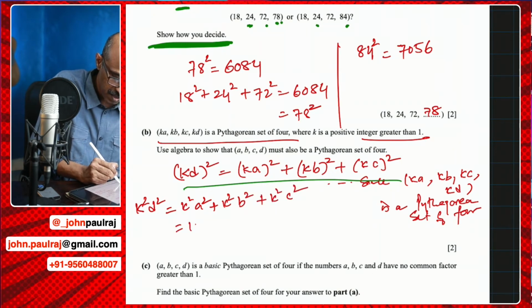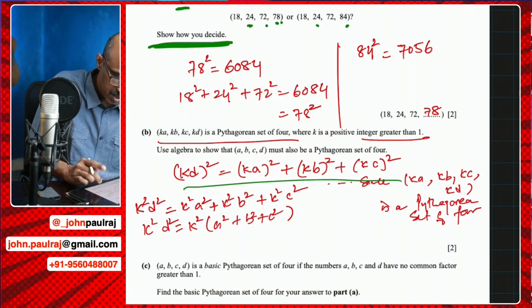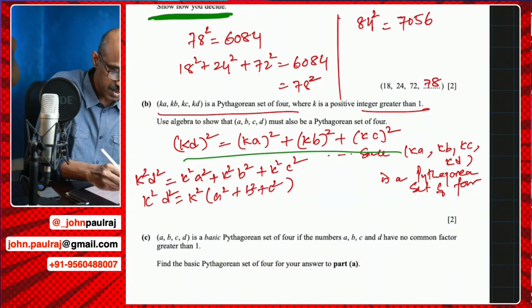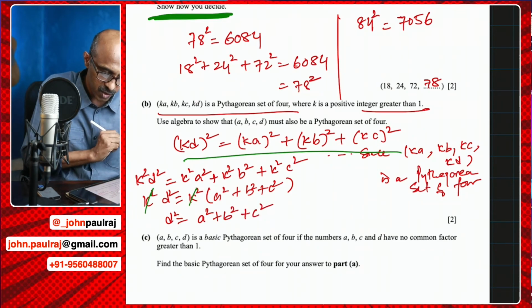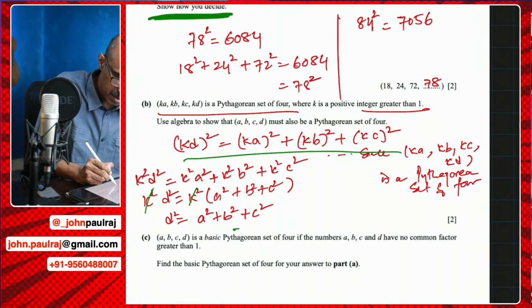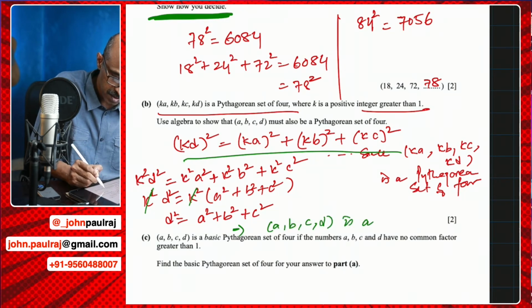Then we can factor out K square, and divide K square on both sides. It'll cancel out nicely to give you D square is equal to A square plus B square plus C square. So this means A, B, C, D is a Pythagorean set of 4.